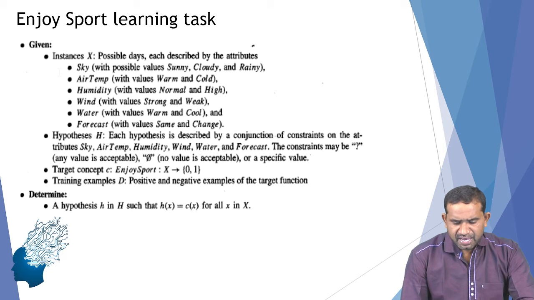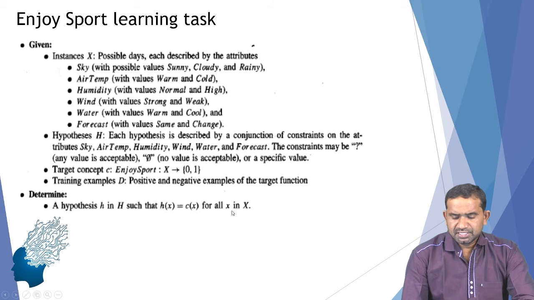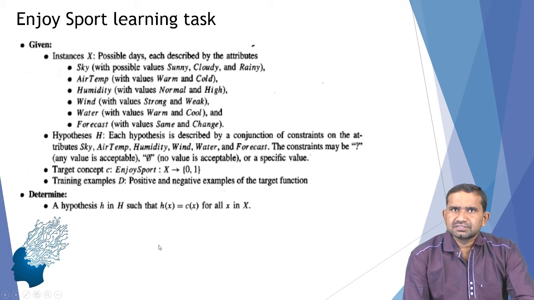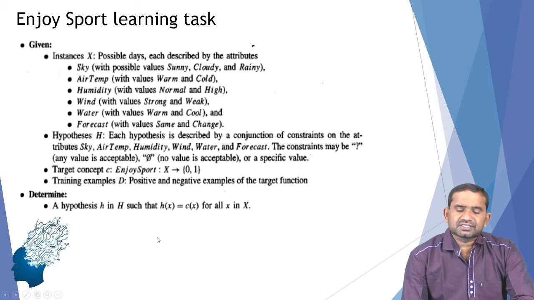So determine a hypothesis h in H such that h of x is equal to c of x for all x in X, where x is an instance with some attributes. For example, hypothesis h of x is equal to c of x for all x in the instance set X, meaning the instance, the hypothesis and the target concept are equal. We can determine this.